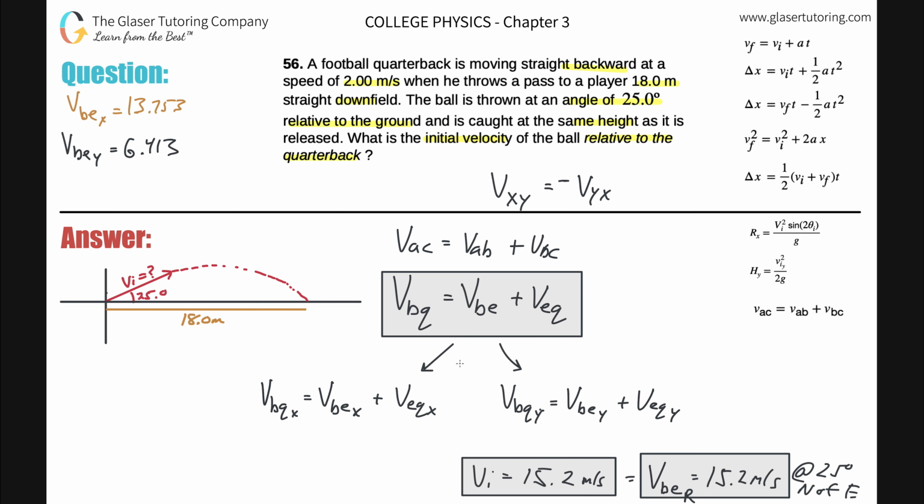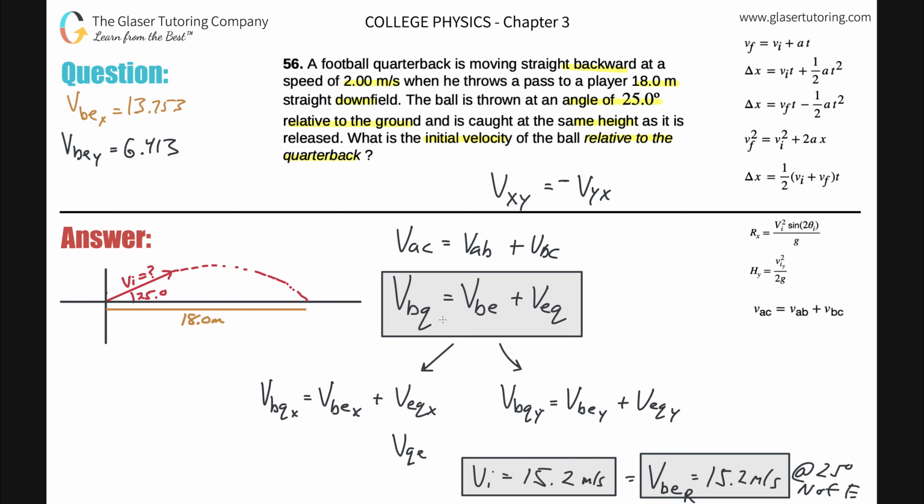So what might be easier is, instead of looking at the velocity of the Earth relative to the quarterback, it's like, wait, what? The Earth? It's moving, right? Of course, but relative to that is a little confusing. It's usually easier to find the velocity of the quarterback relative to the Earth, because everything we study here, the motion is relative to the Earth.